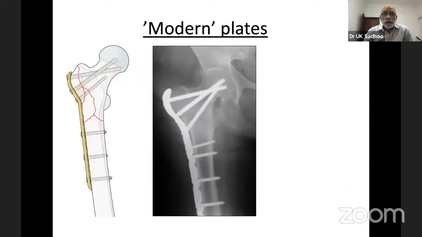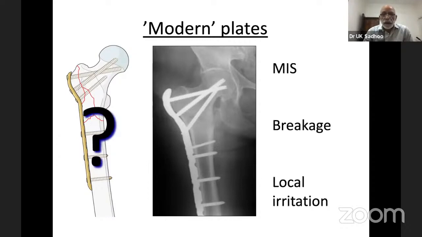As I said, the so-called modern plate, the proximal locking plate, is an implant that has its use. It can be used as a so-called minimal invasive technique, but the reduction has to be not in varus. I re-emphasize, you have to take extra care that there is no varus in this.